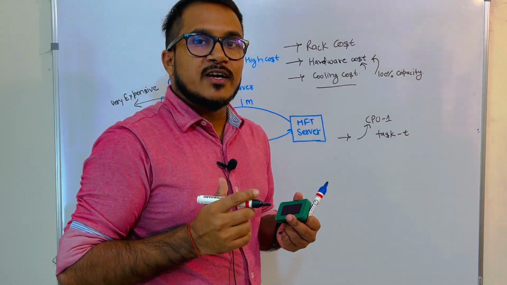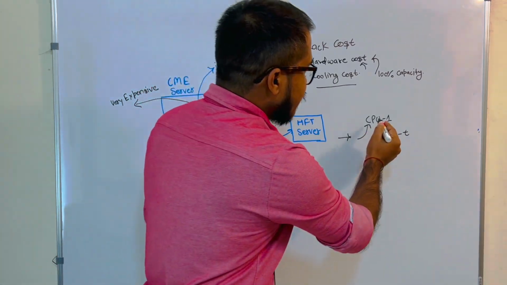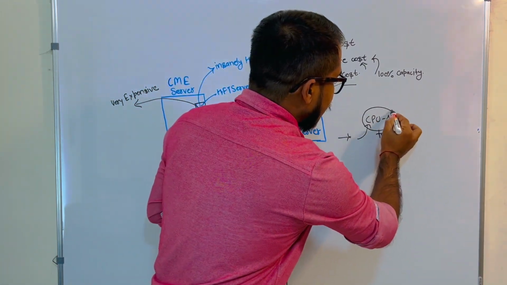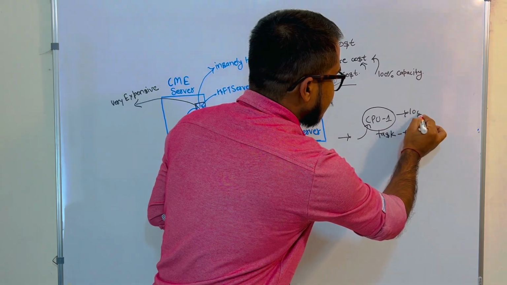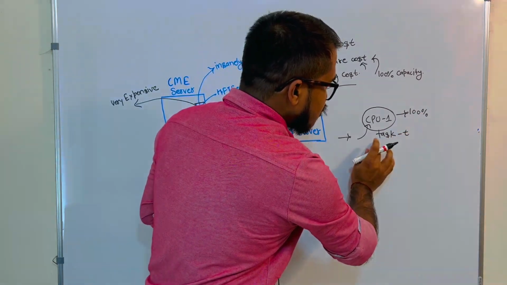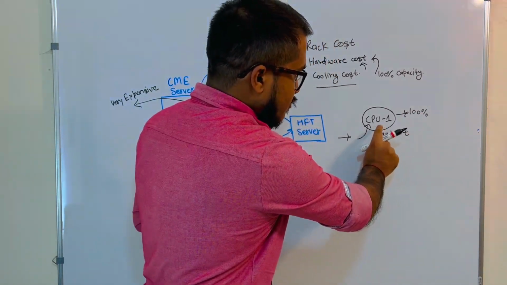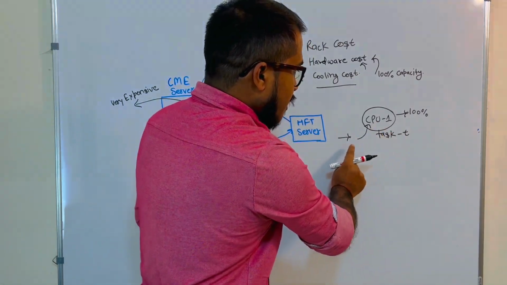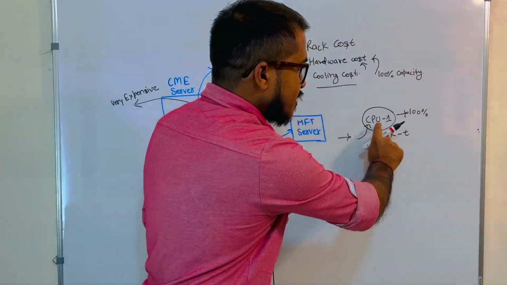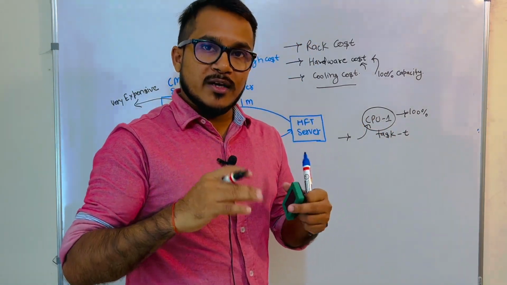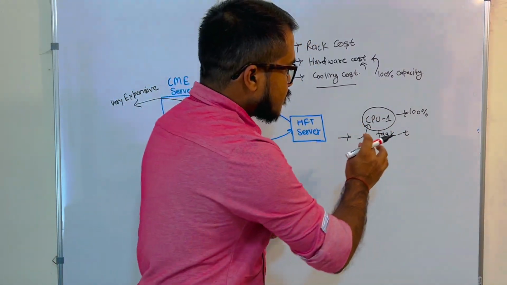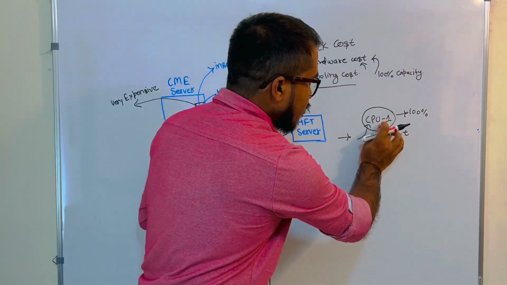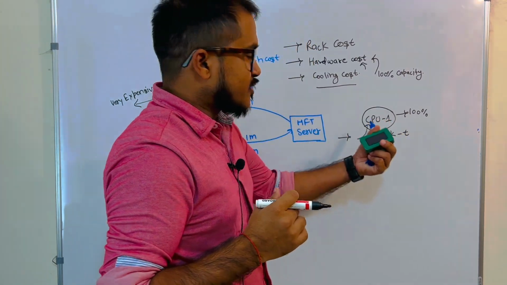So instead of that, what we can do, we can keep running this particular CPU at its 100% capacity. So as soon as there is any task, no one is going to notify this CPU that there is some task. Instead, the task will directly go to CPU, and CPU is already running. So this particular instruction will get performed as soon as it reaches the CPU.